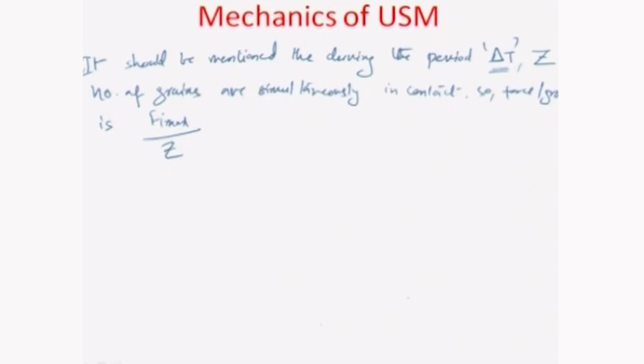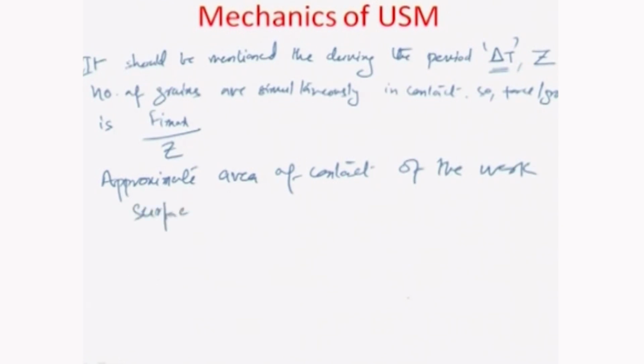And if we estimate that the approximate area of contact of the work surface per grain is pi by 4 capital D square. Remember, D was the indentation diameter.